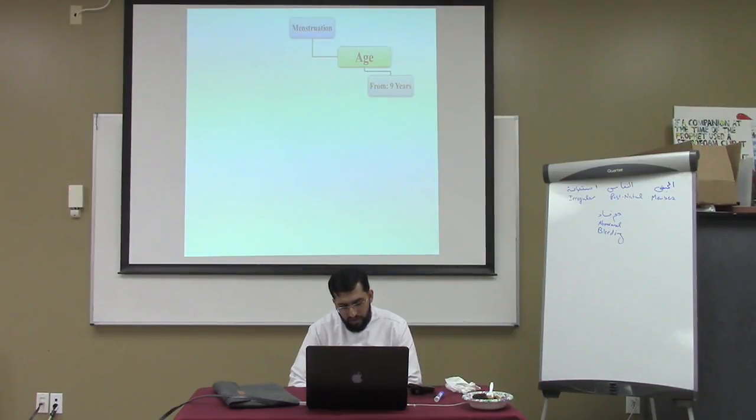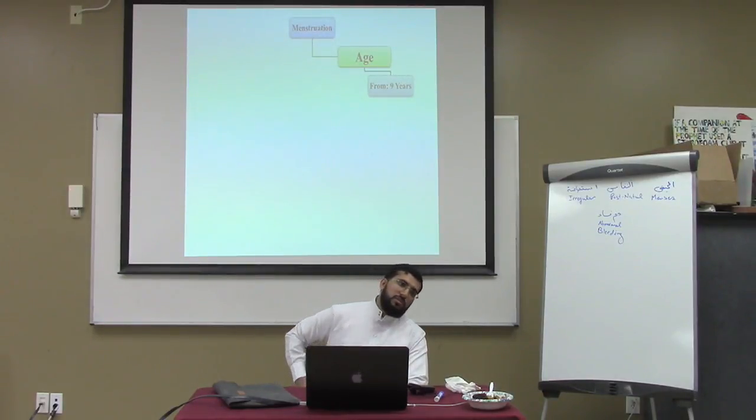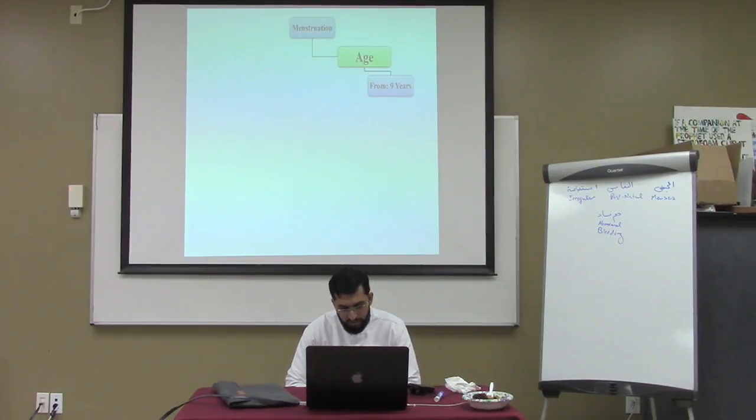And they base this on a hadith of Aisha radiyallahu ta'ala anha, in which she said, "When a girl reaches the age of 9, then she is considered a woman." And they say it's 9 years regardless of where she's from, regardless of whether she lives in a warm climate or a colder climate. Imam al-Shafi'i rahimahullah said that he saw a grandmother that was 21 years old.